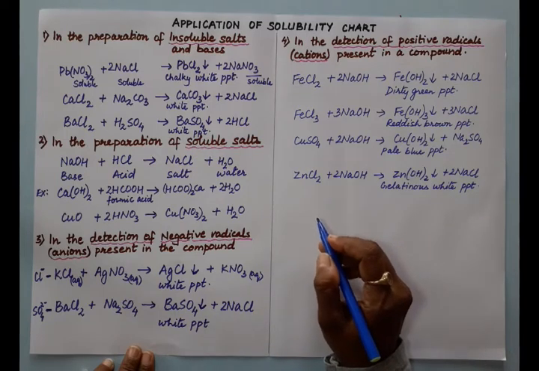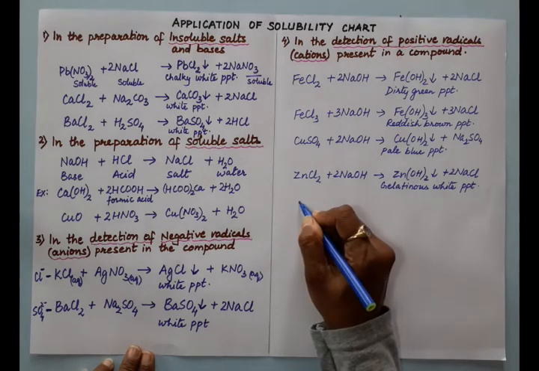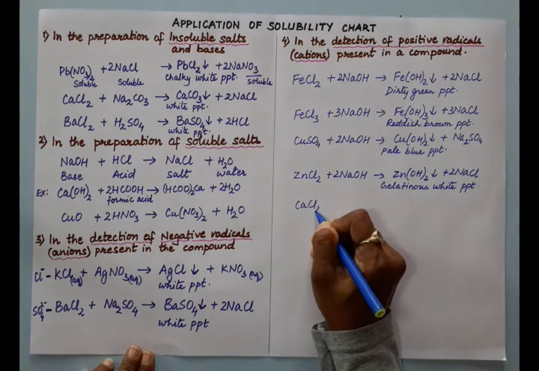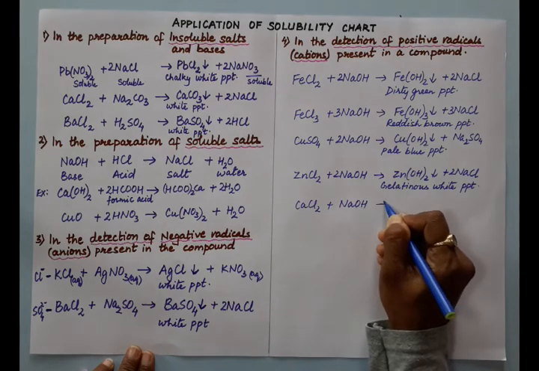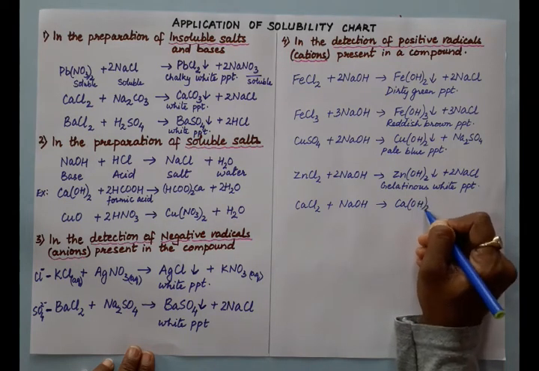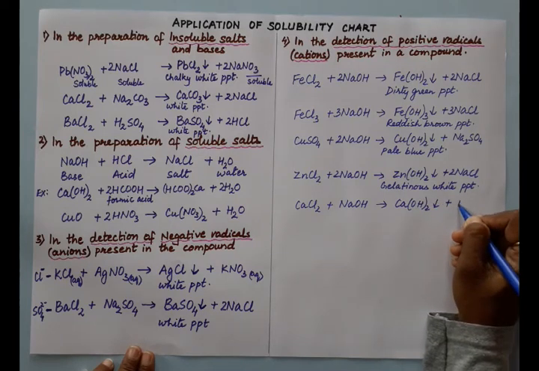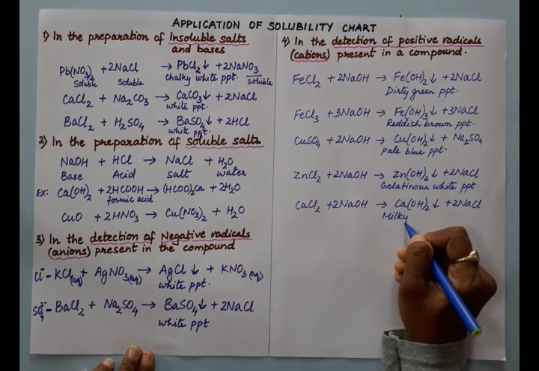If we take calcium chloride and react it with NaOH, we get calcium hydroxide, a milky white precipitate, along with NaCl.